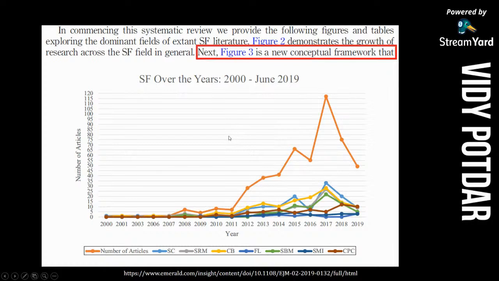Figure 2, which I think is this figure, demonstrates the growth of research across the field in general. So starting from 2000, there were a few articles, but then you can see a sudden jump around 2016, 17, and so on. Figure 3 is a new conceptual framework.